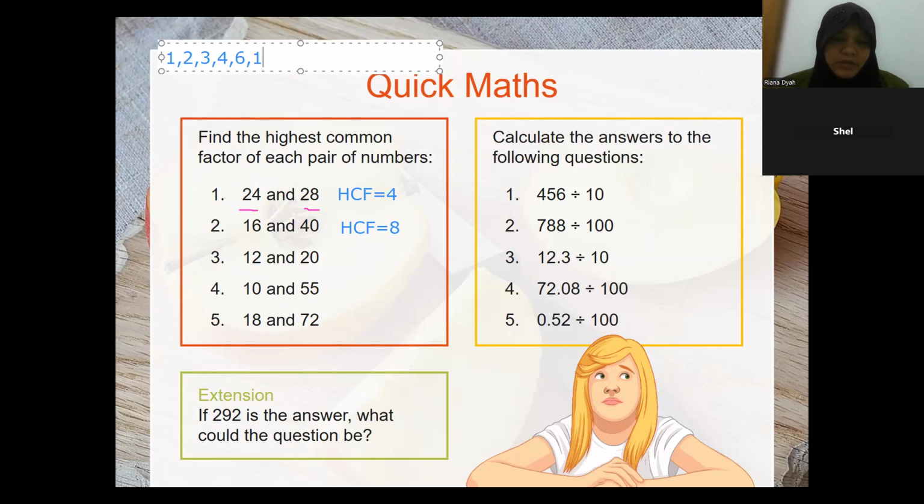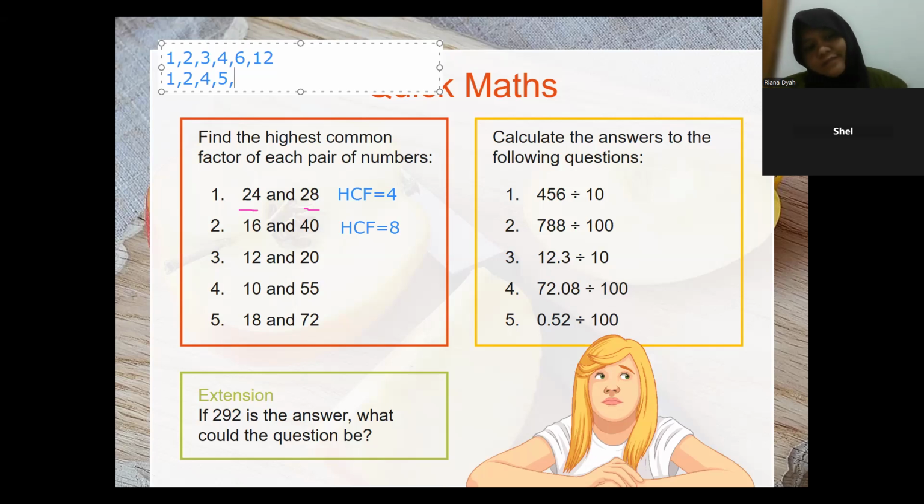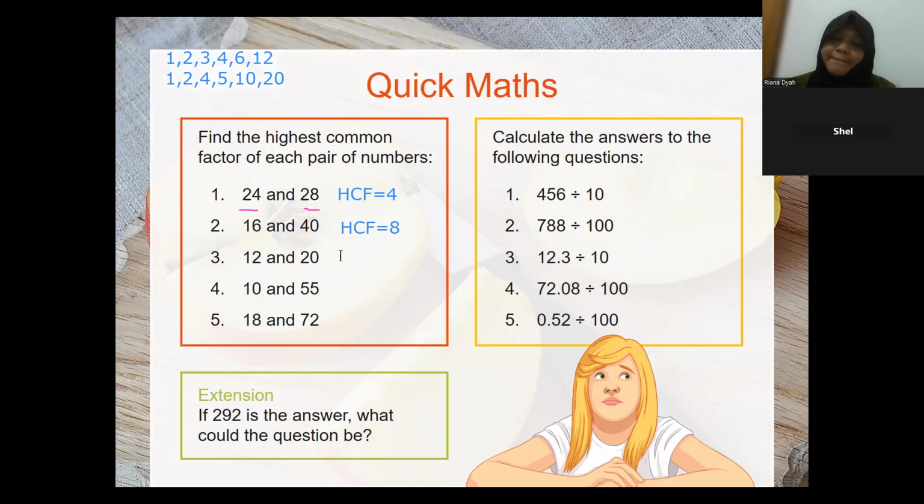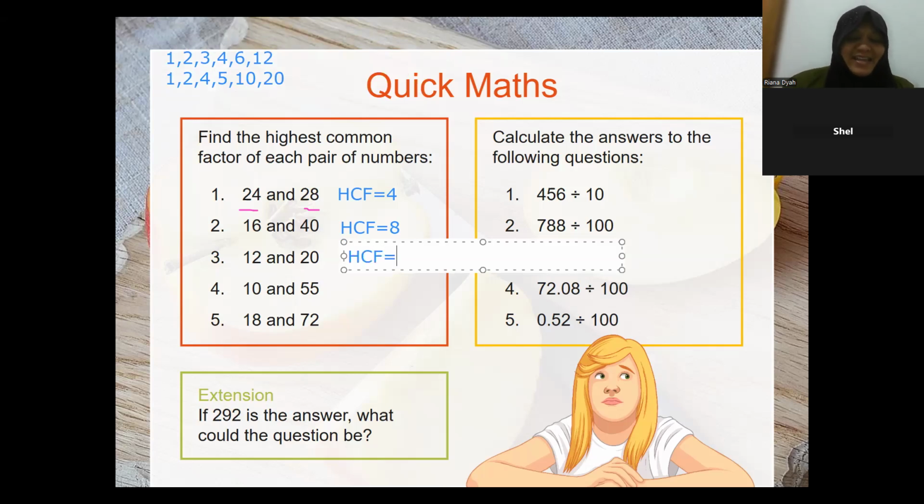6, 12. Two. 10. Is it 4? Yes, I got 4 as well.